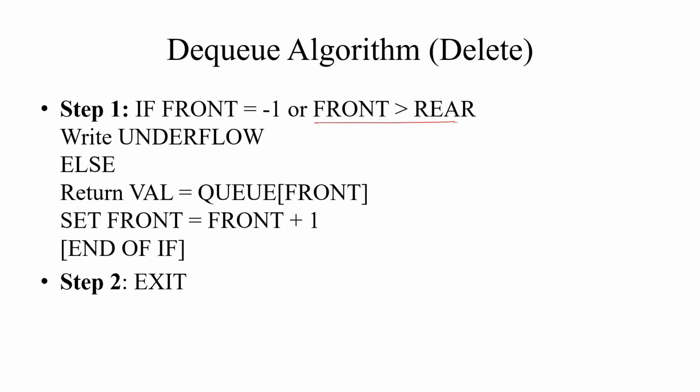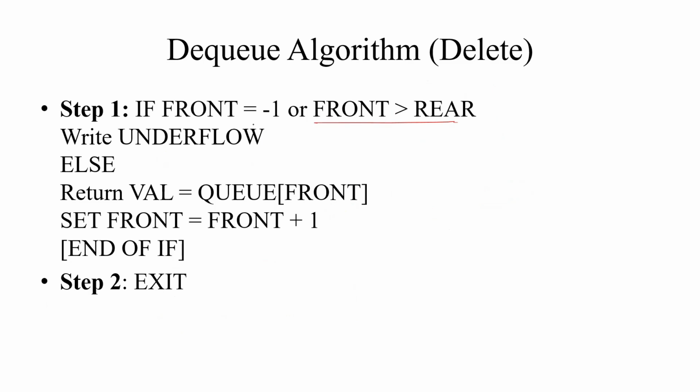Next is the Dequeue. Dequeue means the deletion. So here also in step number 1, we are going to check whether the queue is empty or not. Here we have seen the two cases where the queue can be empty. The first one is front is equal to minus 1.